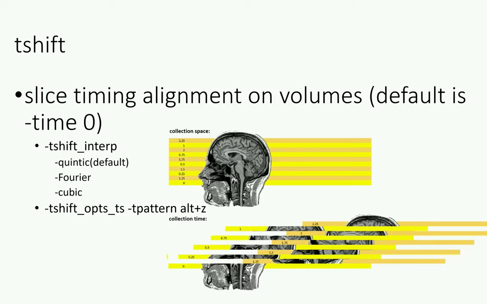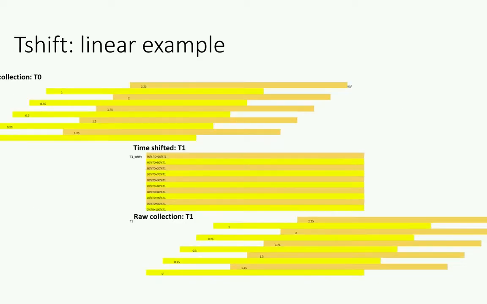So up top, you can see the way the brain is presented is as though everything was collected at the same time, but in truth, it's been collected with a delayed lag over time, and you need to T-shift if your data has been collected in that regard. Here on our single band scanning, we do an Alt+C. That should be recorded in the header. If it isn't, then you can specify that as a parameter in your time shift options.